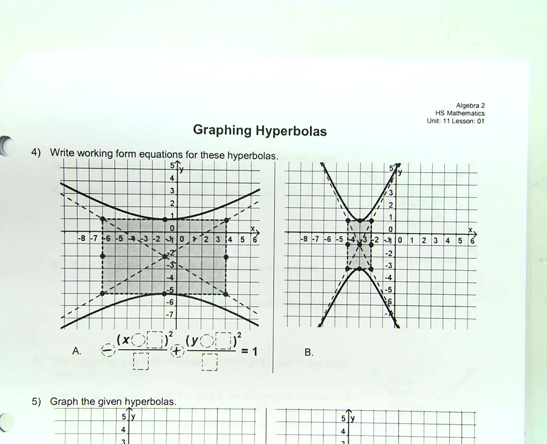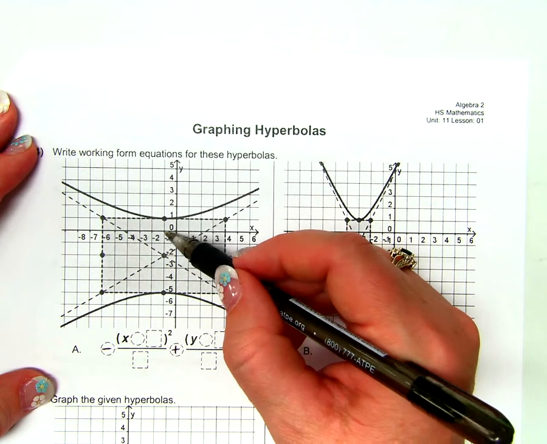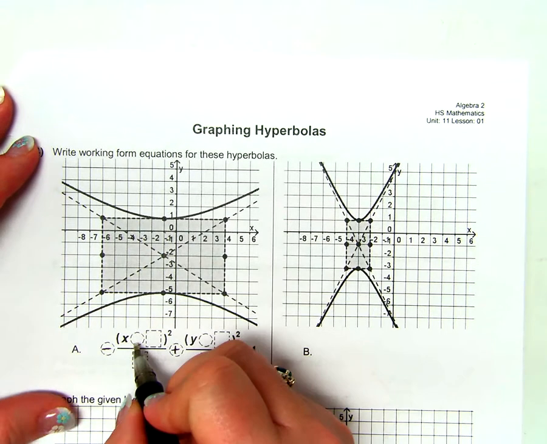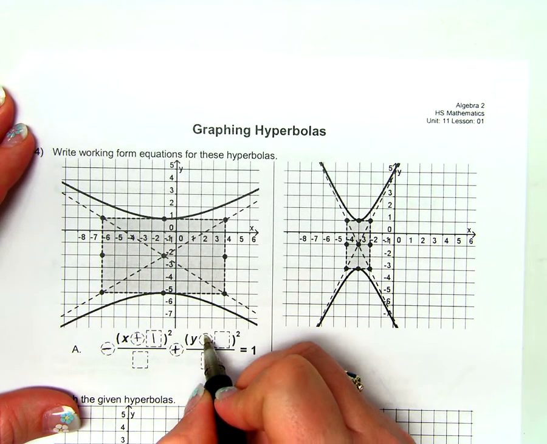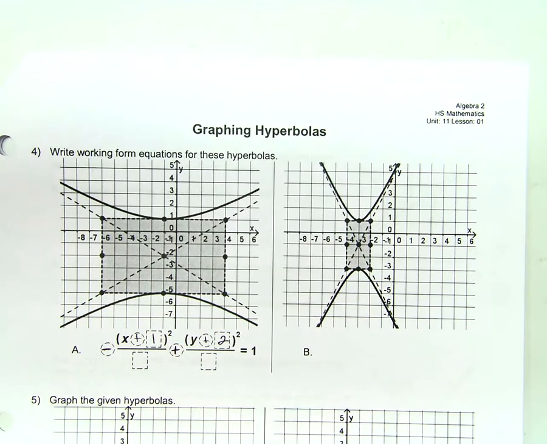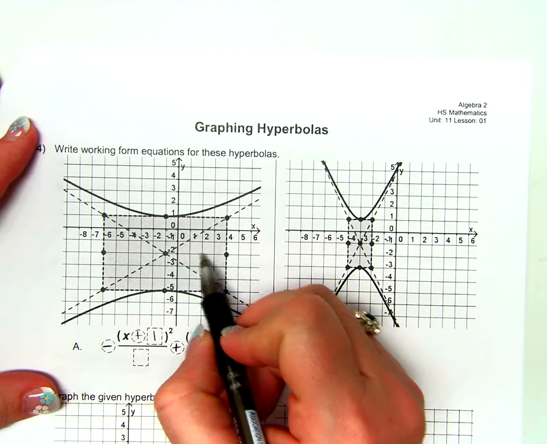So where's the center? -1, -2, so it's x plus 1, y plus 2. How far should I go on the x-axis? Or how far do I go in the x direction? I go 5. 1, 2, 3, 4, 5.